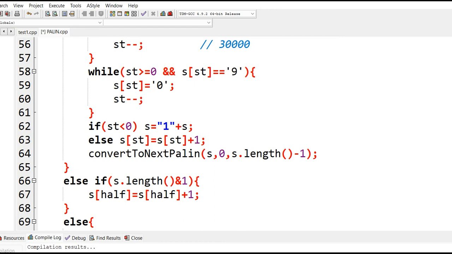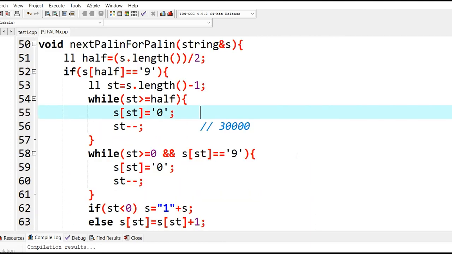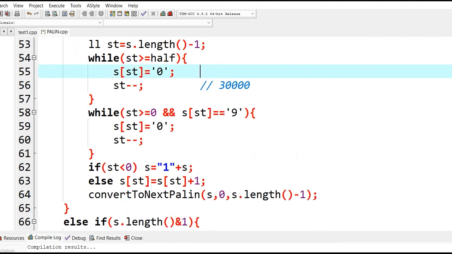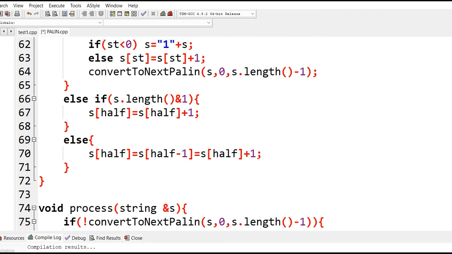And then since this string is not a palindrome anymore, we call our function convert to next palindrome with the starting and ending positions. Now this was the edge case. The simple cases are when the length of the string is odd, we just need to increment the middle position.